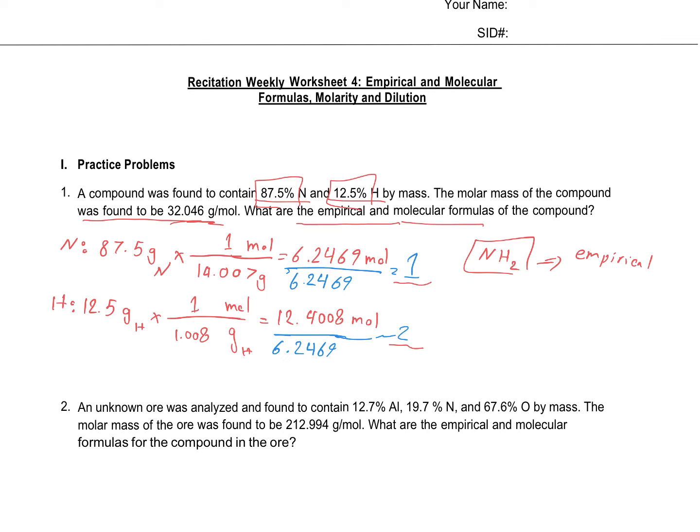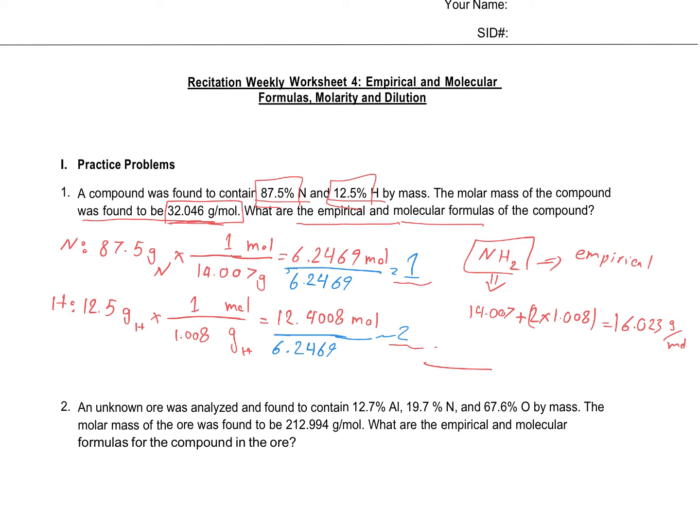We want to find the molecular formula. So how do we find the molecular formula? We have to find the molecular weight of the empirical formula. So we have 1 nitrogen. Nitrogen is 14.007, plus we have 2 hydrogen, so 2 times 1.008, and that is 16.023 gram per mole. So this is the molar mass of the empirical formula, but the actual molar mass of the compound is 32.